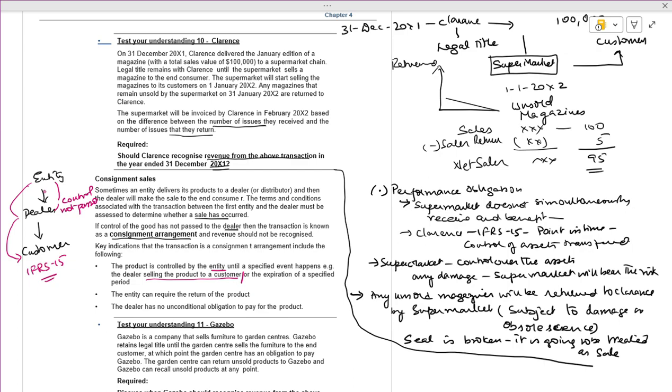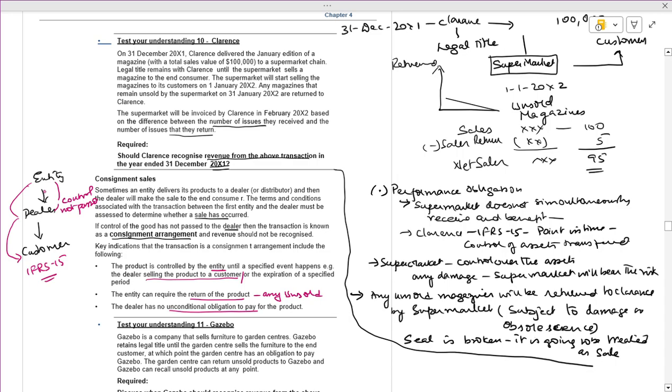That means the control stays until a specific event happens. It has to be sold to the customer, or there is expiration of the period. The entity can require the return of any unsold product. Any unsold product, with expiration days, whatever the condition, should be returned to the entity. The dealer has no unconditional obligation.